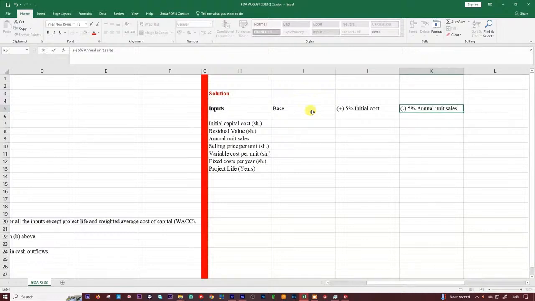So with that, we proceed to identify the negative 5% selling price.